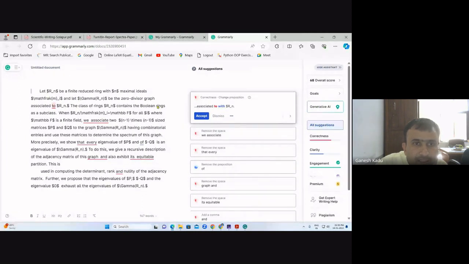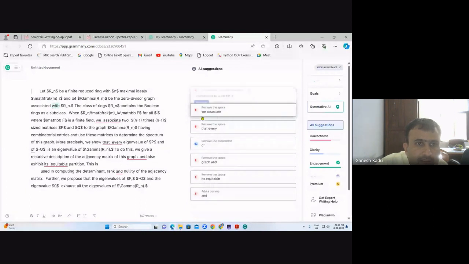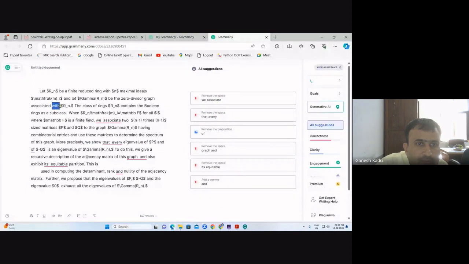For instance, you will see this red highlighted part: "be the zero divisor graph associated to", and it is suggesting that I replace this "to" with "with". When I click on the accept button, this "to" becomes "with". Then the next suggestion is to remove the space. So we associate.